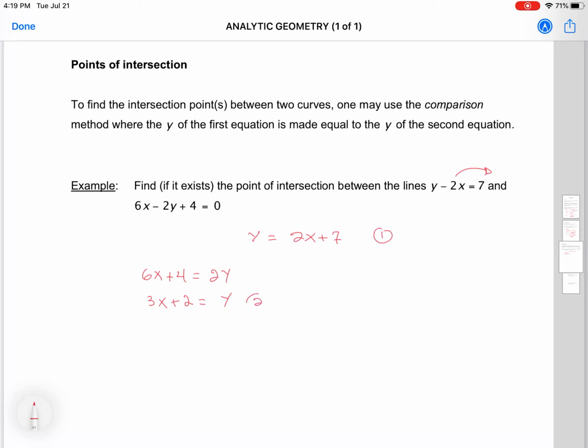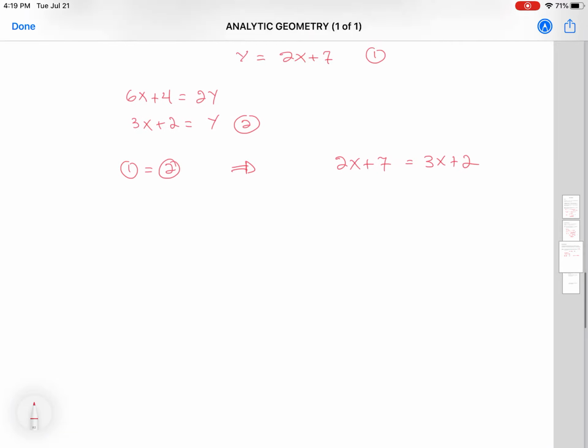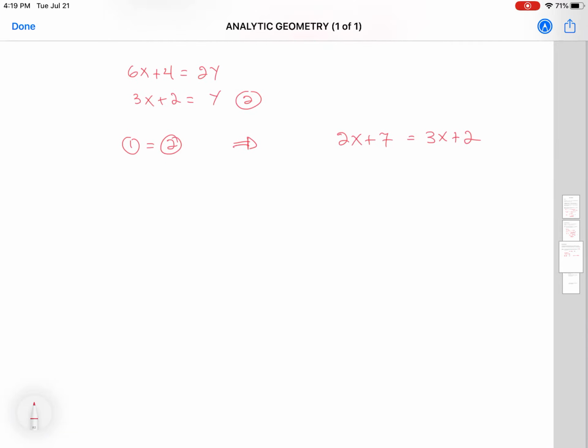Dividing by 2, I get 3x plus 2 is equal to y. So that's line number 1, and that is line number 2. By making the y's equal to each other, I end up solving 2x plus 7 is equal to 3x plus 2.